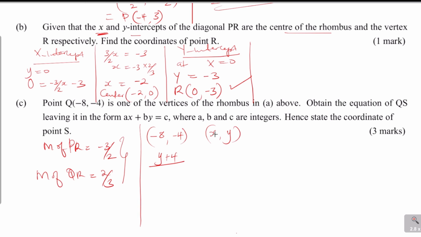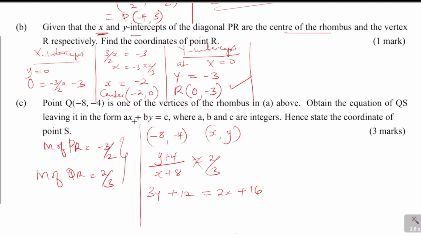Change in x, subtract -8, that will be x plus 8, should give us the gradient, which is 2/3. So we cross multiply here. 3 multiplied by y, that will be 3y, plus 3 multiplied by 4, that is 12, is equals to 2 times x, 2x, plus 2 times 8, that is 16.